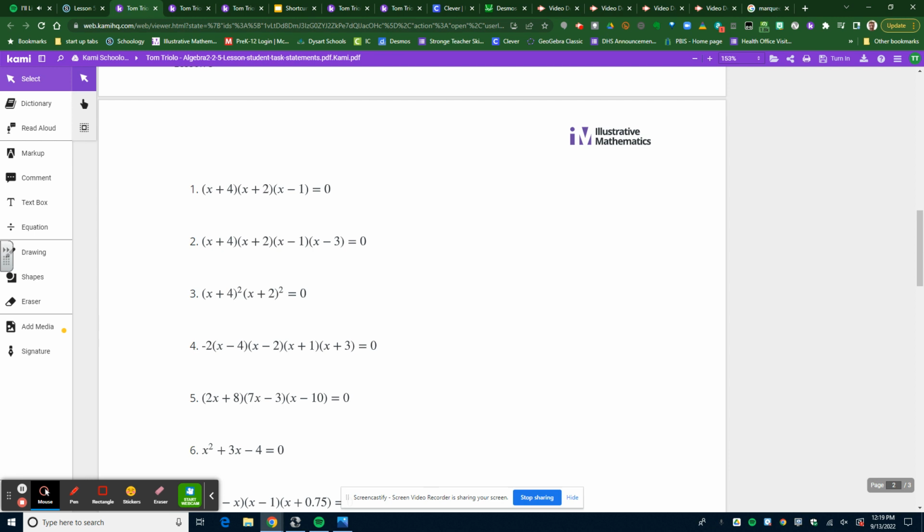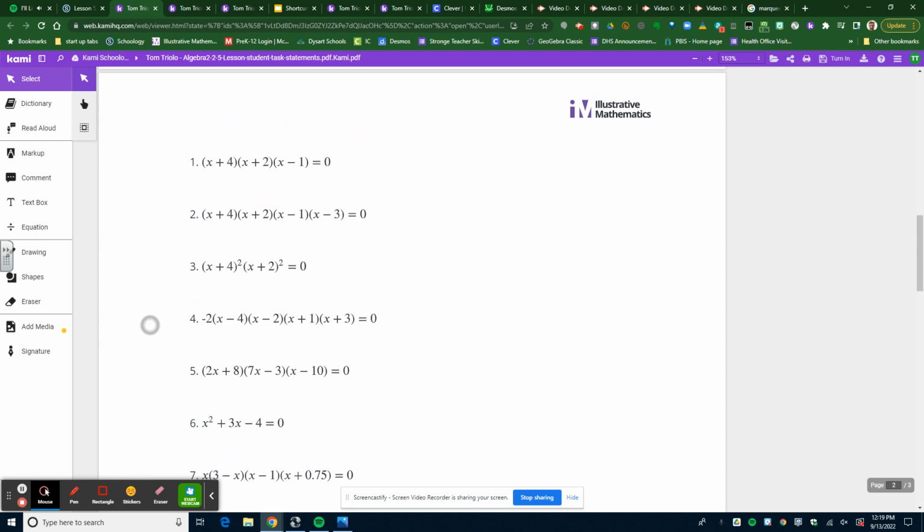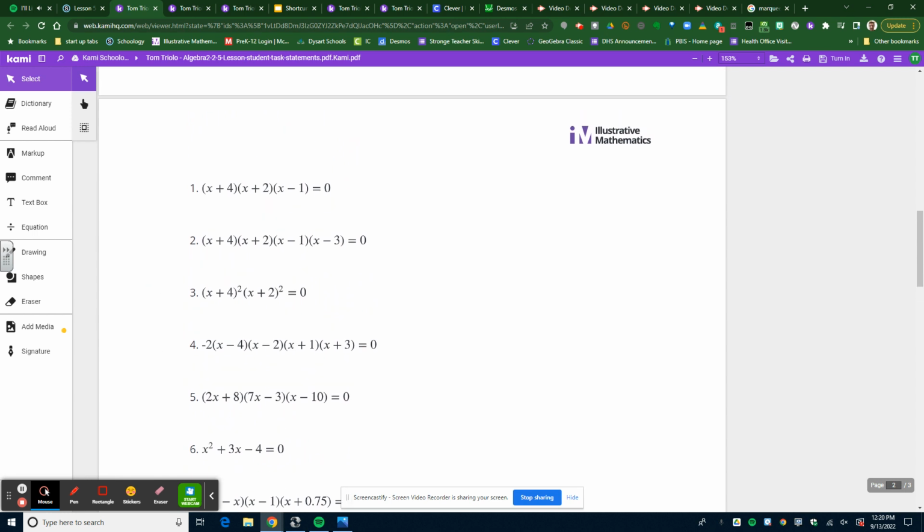Okay. So when you have unique factors, find them. Some of these are going to prove more difficult than others. And there's one I will be quite impressed if you can figure out without graphing it. Find your x-intercepts for 1 through 8. Work in pairs. You can share the load, but make sure you understand what the other person's doing.